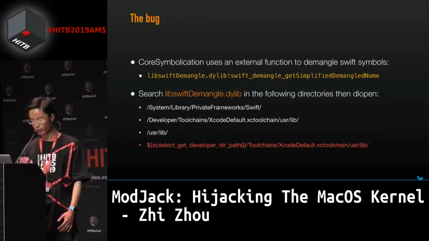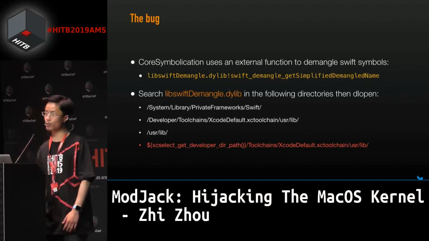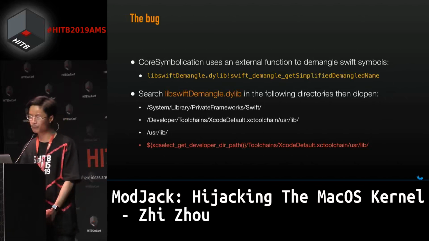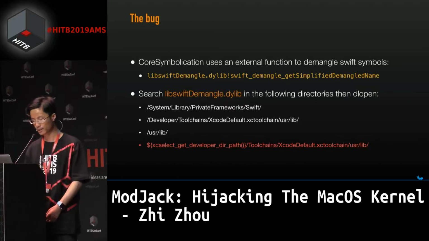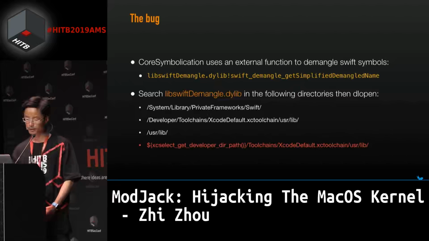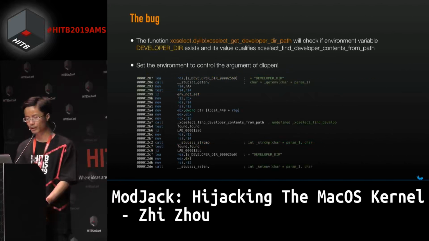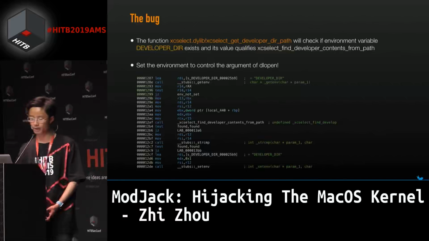These are the 4 directories, and we can notice the last one is a dynamically constructed path. It will be concatenated with a string returned by this xcselect_get_developer_dir_path. Internally this function will check if there's an environment variable called DEVELOPER_DIR.